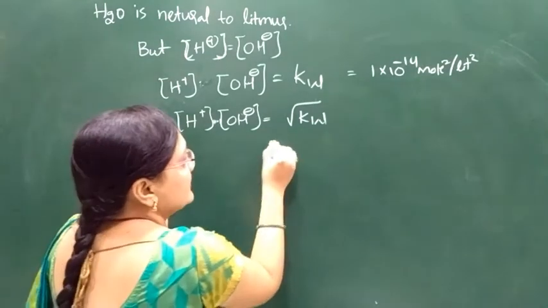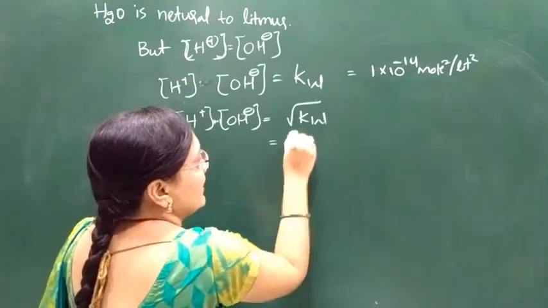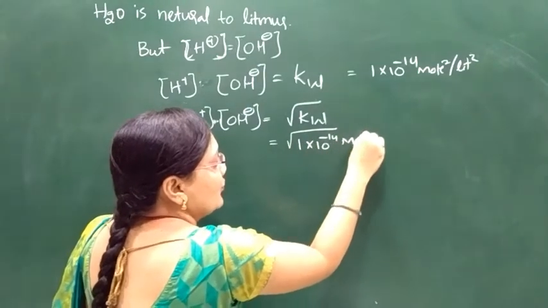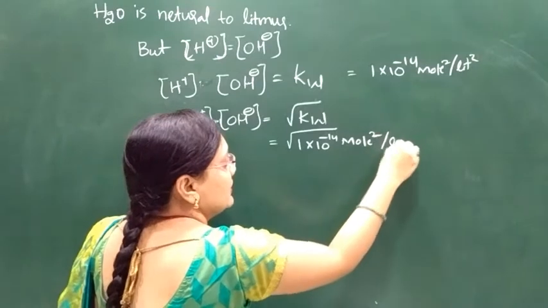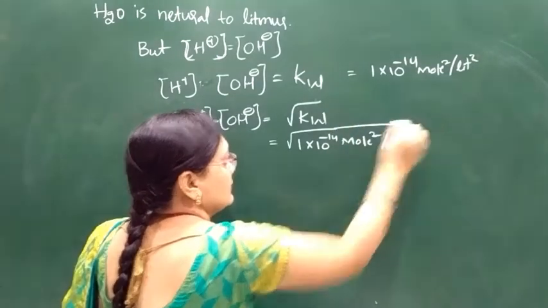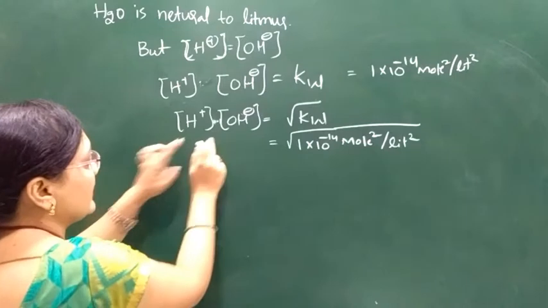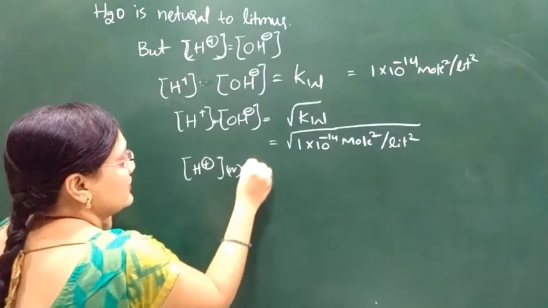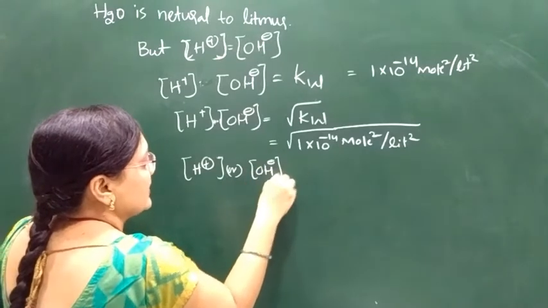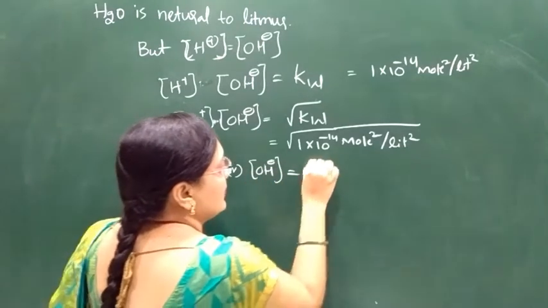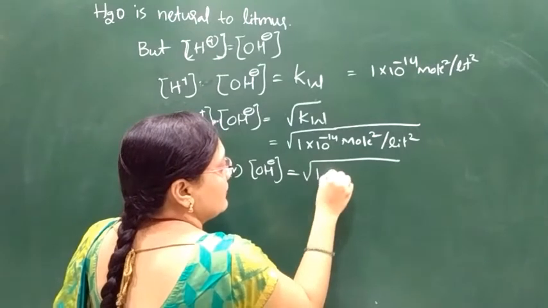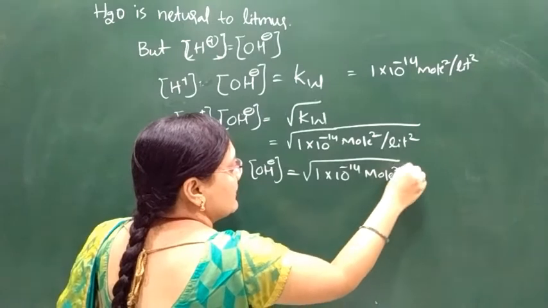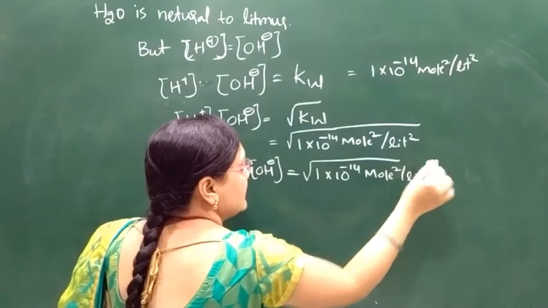This Kw value is 1 into 10 to the power of minus 14 mole square per liter square. So the concentration of H plus ions or OH minus ions equals the square root of 1 into 10 to the power of minus 14.